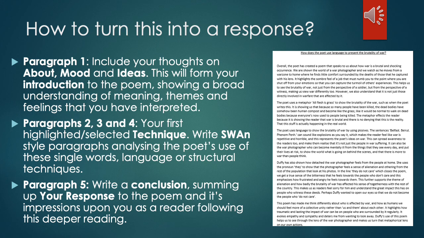So it could be 3 techniques, it could be 3 single words, it could be 1 on structure, 1 on use of punctuation, 1 on mood. But they will make up the bulk of your analysis, where you have used evidence and talked about how that impacts you as a reader and what the writer might have intended.